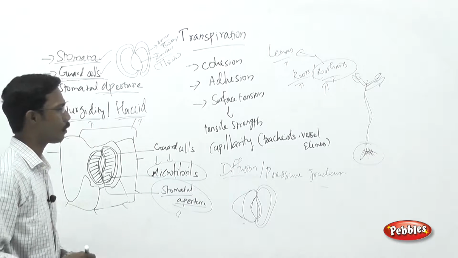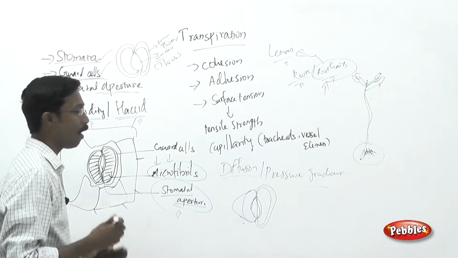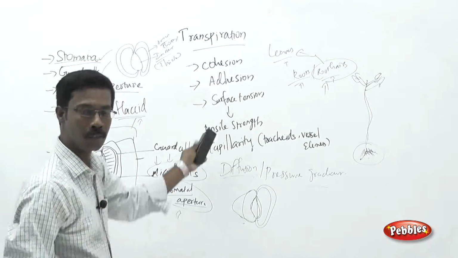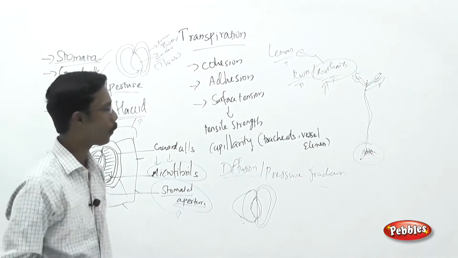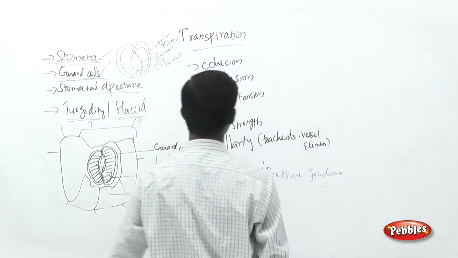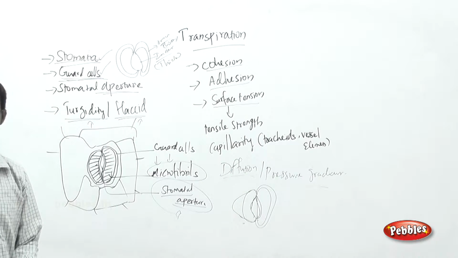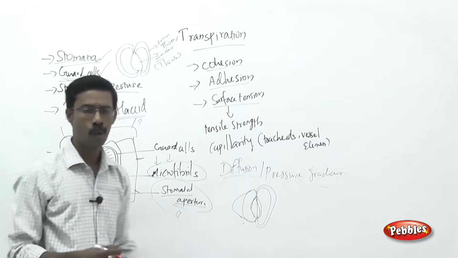Okay. So over here there are some properties you have to remember to understand the transpiration process, or how the properties of water are going to help the transpiration. The properties we are going to see over here are cohesion, adhesion and surface tension. So what is cohesion?